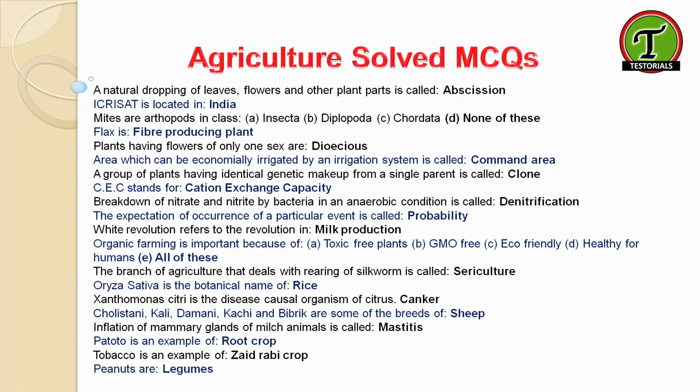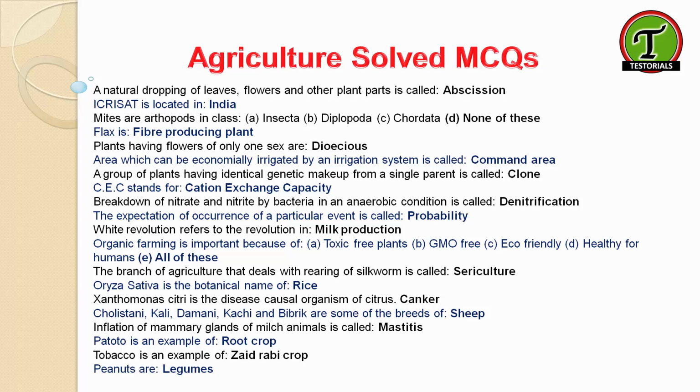126. Area which can be economically irrigated by an irrigation system is called command area. 127. A group of plants having identical genetic makeup from a single parent is called a clone. 128. CEC stands for cation exchange capacity. 129.